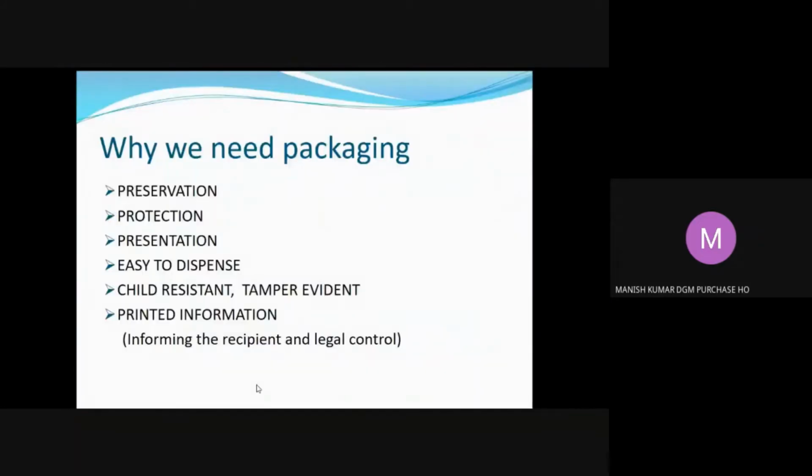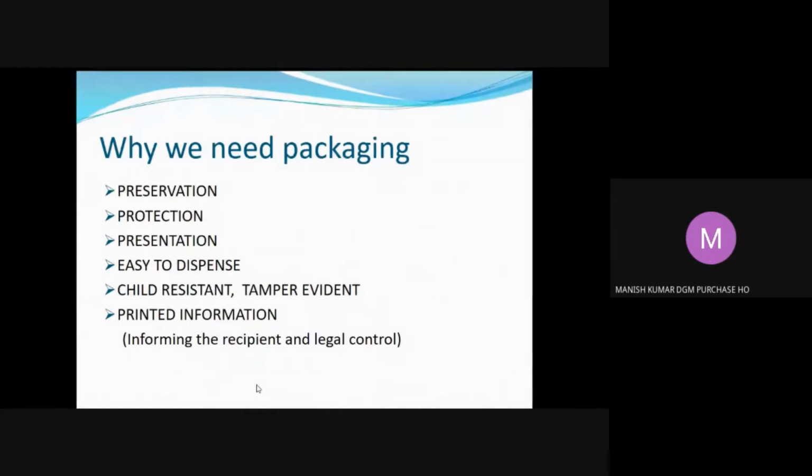So it's basic, what you might have studied: why you need packaging. For pharmaceuticals, we need packaging for presentation, protection, and preservation, and easy dispensing, because there are pharmaceutical products used by old age people who have arthritis, so they can also use them easily. And we make the product child resistant, so that children can't open the bottles and take medicines.